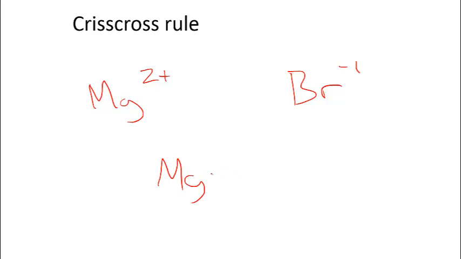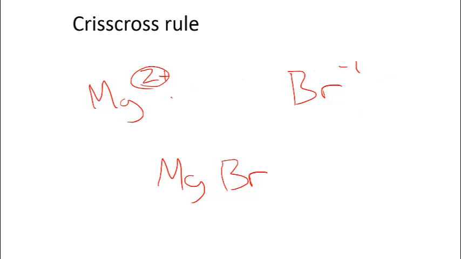Let's demonstrate the crisscross rule visually so you can see what's actually taking place. A magnesium cation has a 2+ charge. A bromide anion has a -1 charge. The compound that it forms is magnesium bromide. The metal is on the left and the nonmetal is on the right.